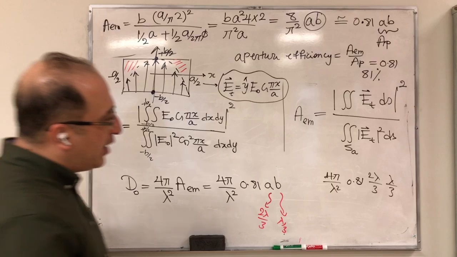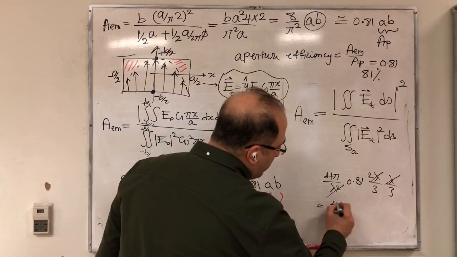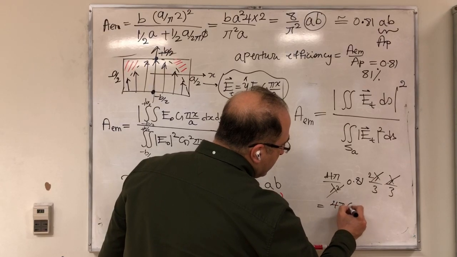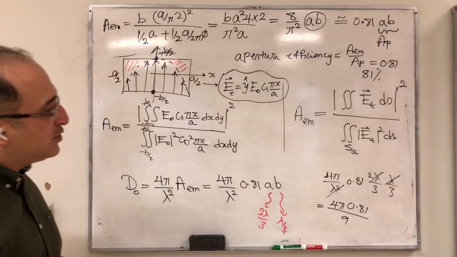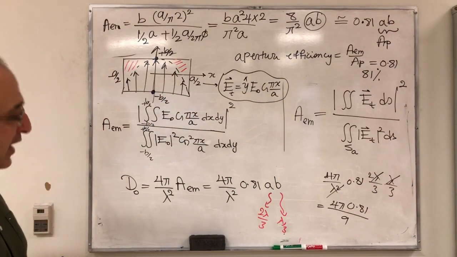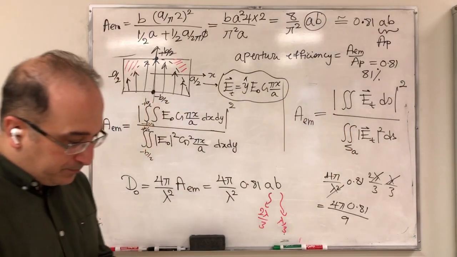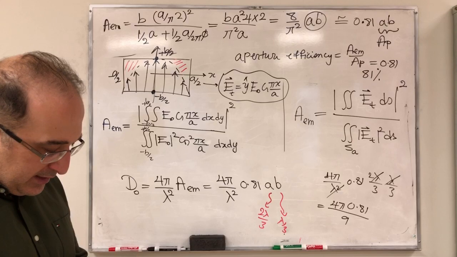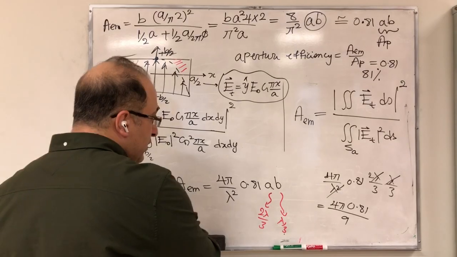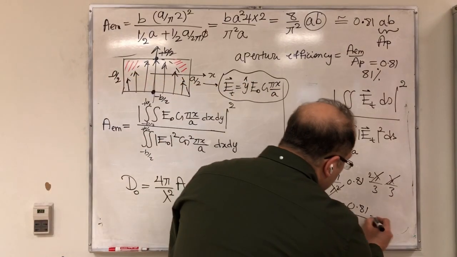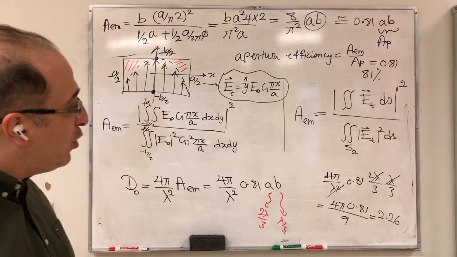And now as you see, I can cancel my lambda here, and that's going to give me 4 pi times 81% times 2 divided by 9. So this is what I have. And now if I can get the number from my notes, I'll see that this is going to be approximately 2.26.